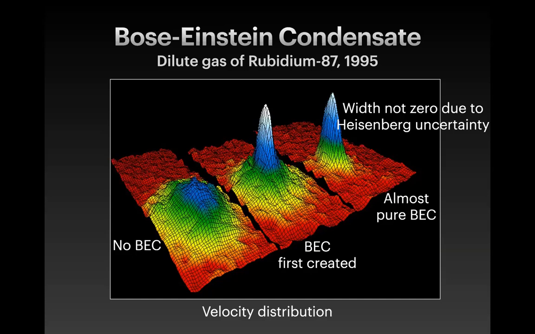Now you would expect it to be exactly 0 width, right? Everything being exactly at 0 velocity, but you can't actually get that because of the Heisenberg uncertainty principle. And the fact that it's asymmetrical, right? The peak is not round.